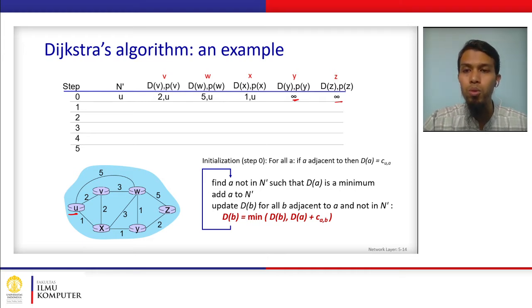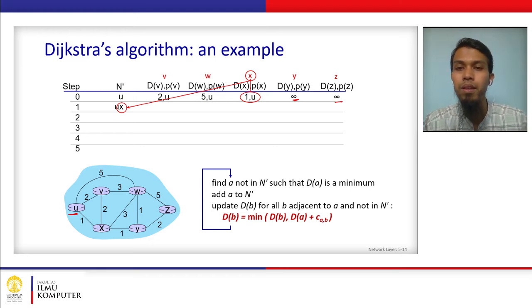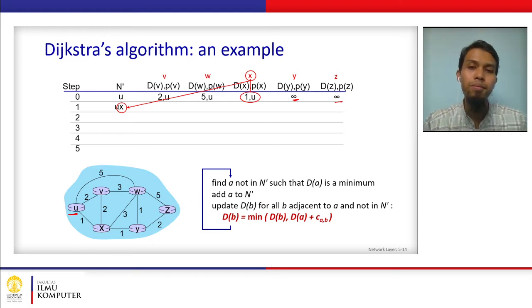Now in the first iteration, we try to find the minimum least cost path from u to any other destination, v, w, and x, and we find that x has the least cost path from u. So now we take this node x and add it to N prime. In the next iteration, we'll exclude x from the iteration. Now we can go one step to x.